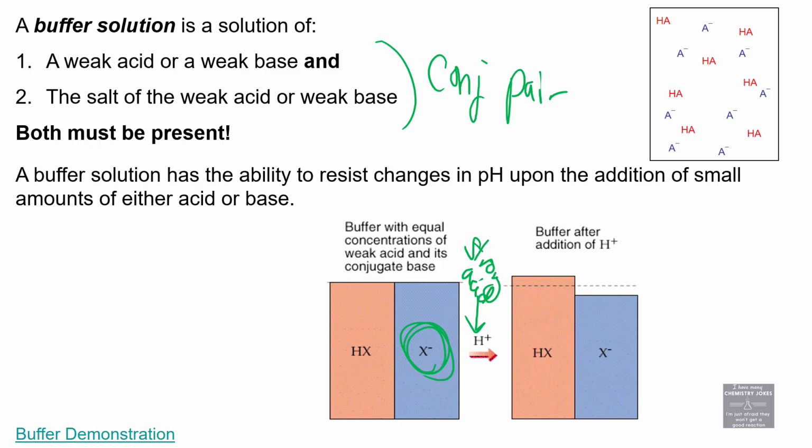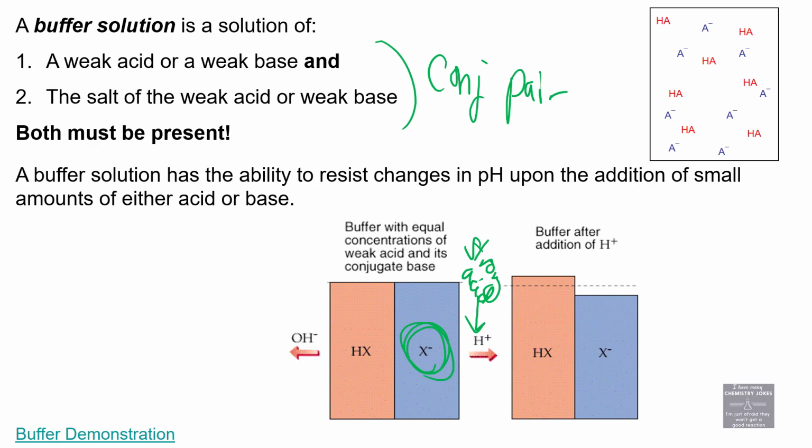That increases the amount of HX you have in solution because you're creating HX, and it decreases the amount of X- because some has reacted away. The exact amount that's reacted away is exactly the same as the amount of H+ that you've added. Maybe you can see a little table forming in your head, a little limiting reactant sort of table.